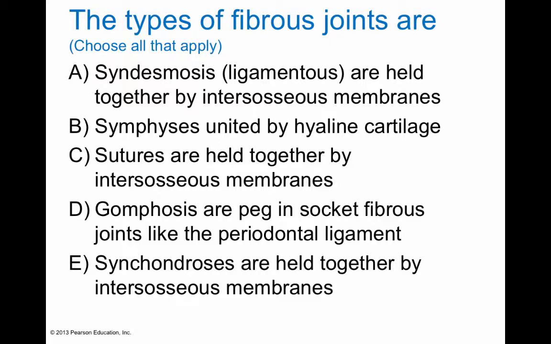D, gomphosis are peg-and-socket fibrous joints like the periodontal ligament. Or E, synchondrosis are held together by interosseous membranes. Which one of these are correct? I'm going to give you a few seconds to read through them, figure out which ones are examples of fibrous joints, and then we'll go over those answers.